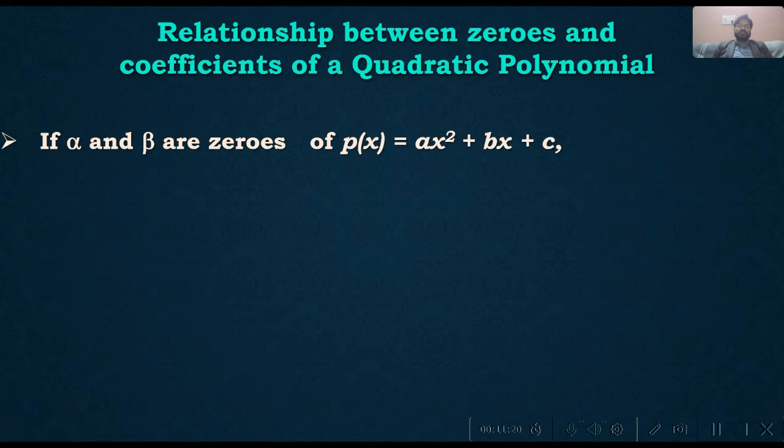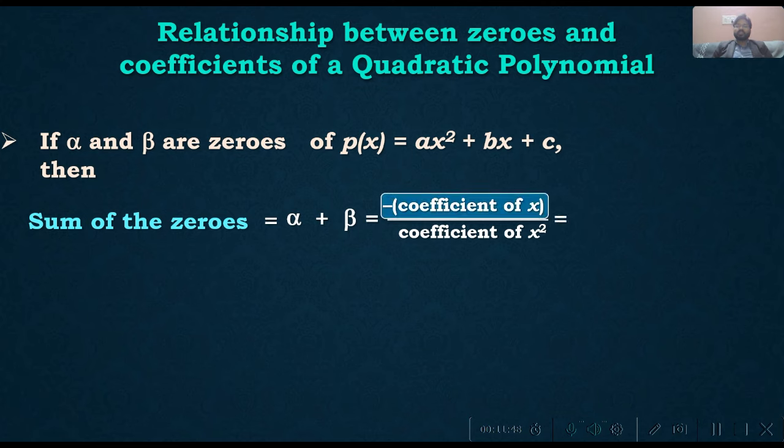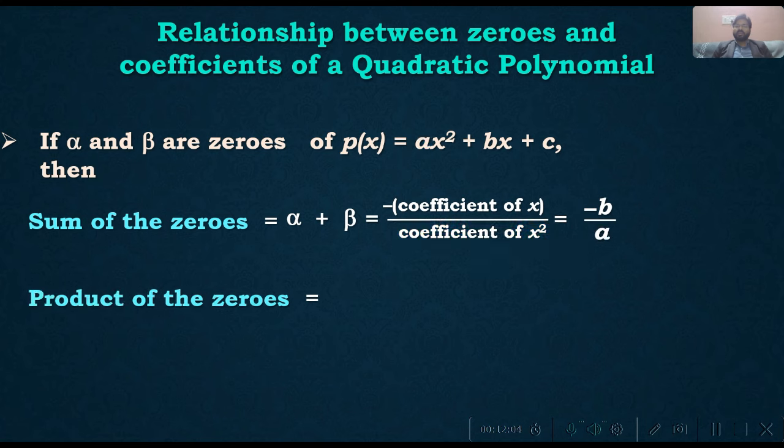So if alpha and beta are zeros of p(x) = ax square + bx + c, then alpha + beta is equal to minus coefficient of x upon coefficient of x square, that is minus coefficient of x, which is b, that is minus b, upon coefficient of x square, that is a. So the sum of zeros is minus b by a.